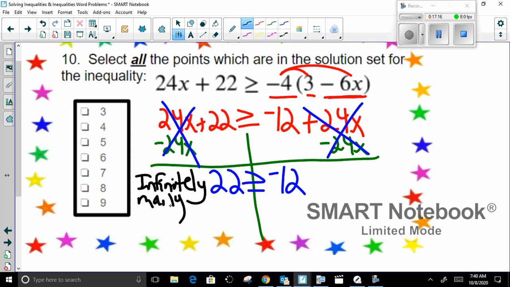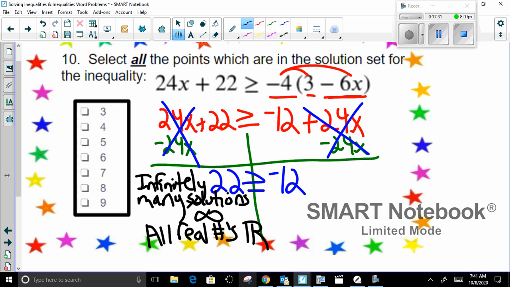Remember, your answer could be infinitely many solutions with this infinite sign, or it could be all real numbers. And I can use that symbol as well. They mean the same thing. So what does that mean? Infinitely many solutions means any value of x will work.